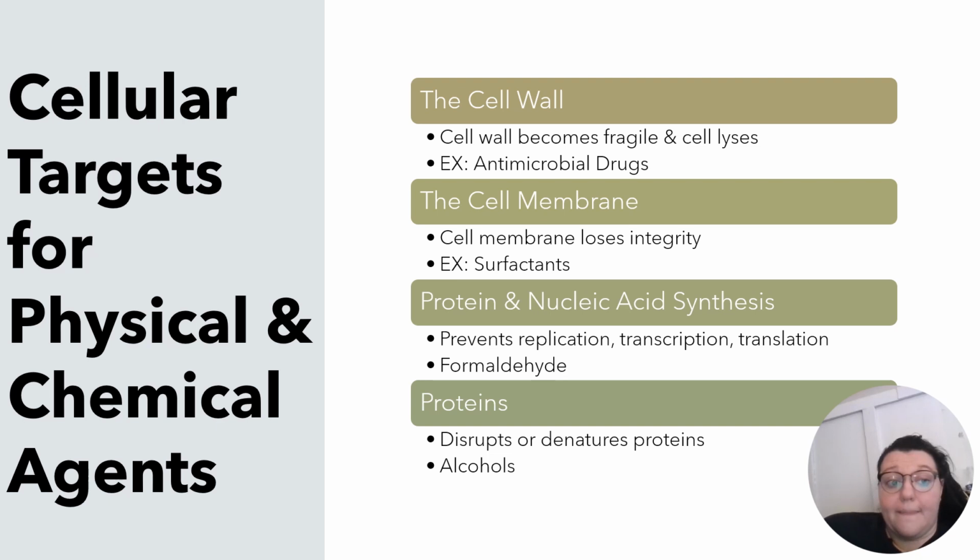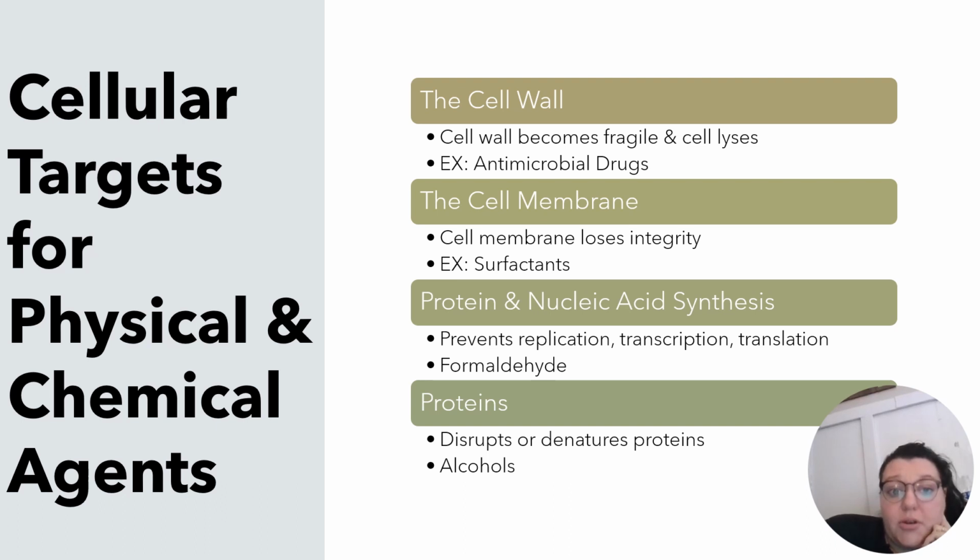So your physical and chemical agents that want to stop that bacteria or whatever is invading, they mainly target the cell wall, which causes the cell to become fragile and it will lyse.